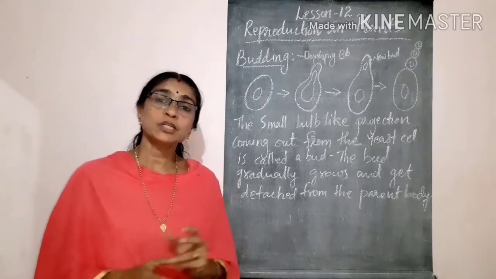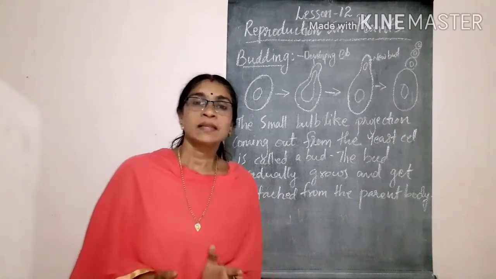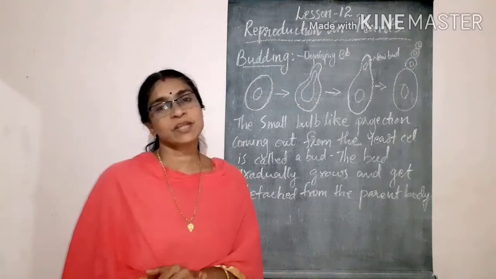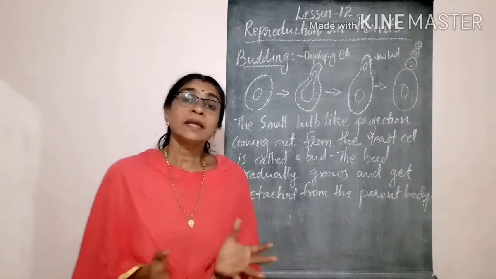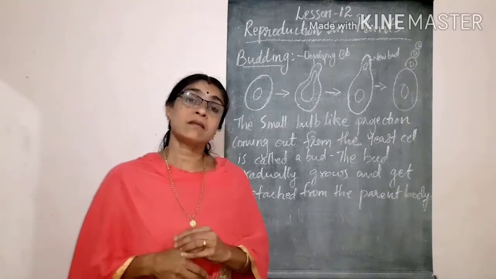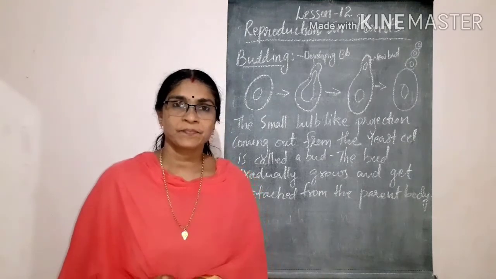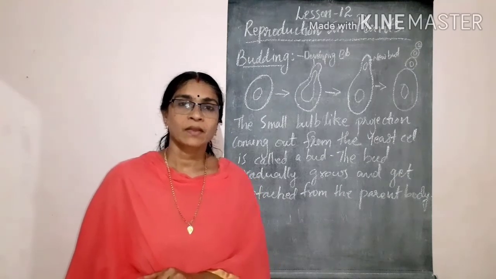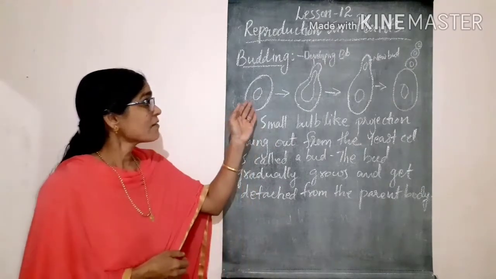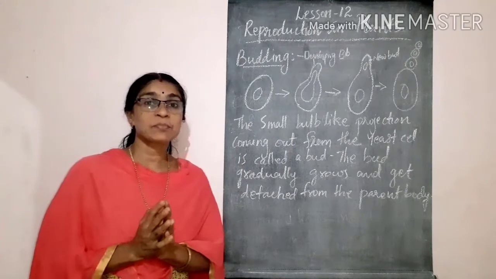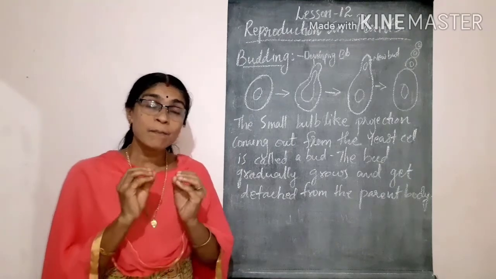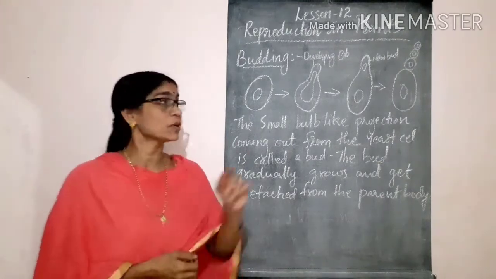rapidly within a short time when nutrients are available to them. In an hour, they reproduce a large number of cells. When water and nutrients are available to the yeast, the yeast cells produce small bulb-like projections in their body.